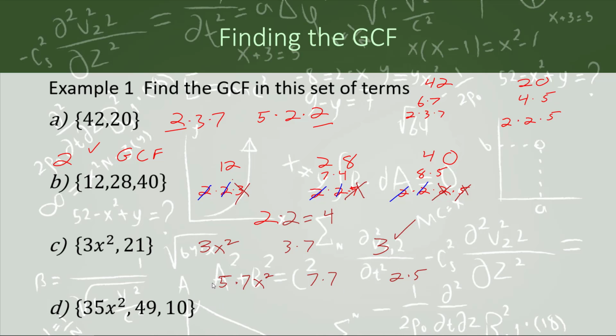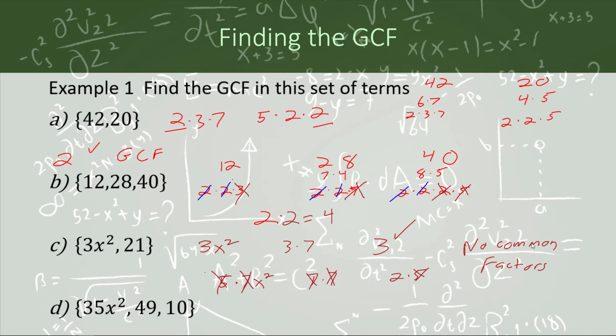Now notice that we have a 5 here, but there's no 5 in the other term, so 5's are out. We have a 7 here and a 7 there, but no 7 over here, so these 7's are out. And then we have a 2 in the third term, but no 2 in the first 2 terms. And we have an x squared in one term, but no x in the other one. So there are no common terms here.